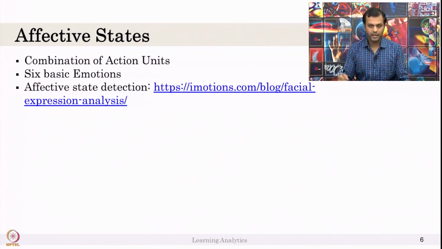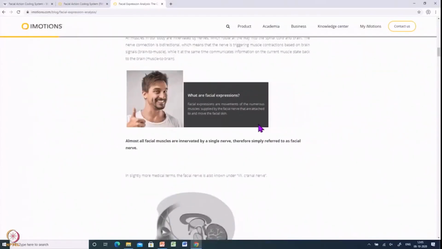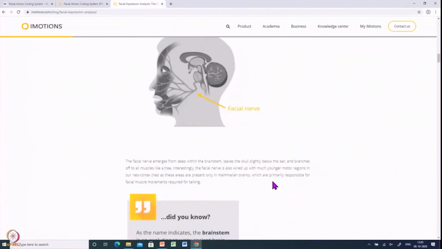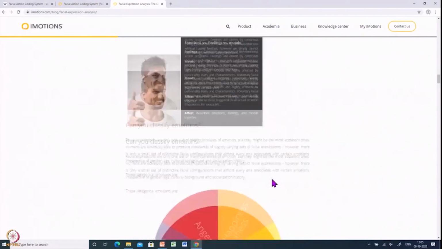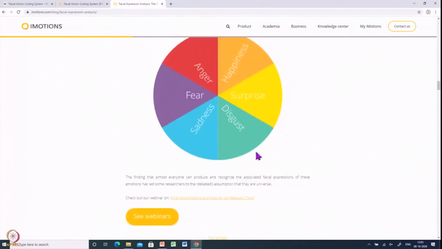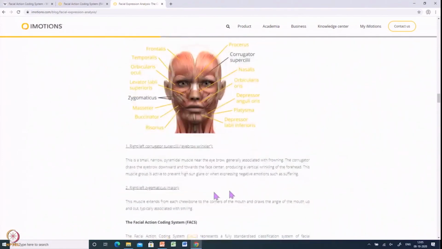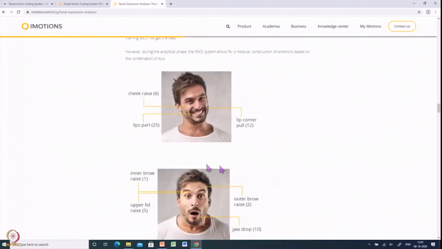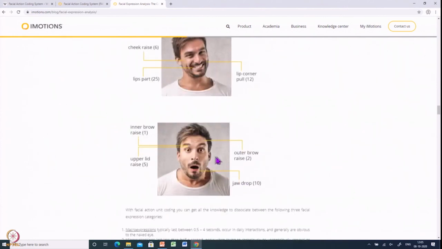Let us look at another blog by iMotions. What is a facial expression? Why it is happening, the details are given here. You can go into more detail, and the basic emotions detected are shown, along with a lot of details on why this expression happens and why there are 24 action units. For example, these three action units indicate the person is kind of happy or surprised.